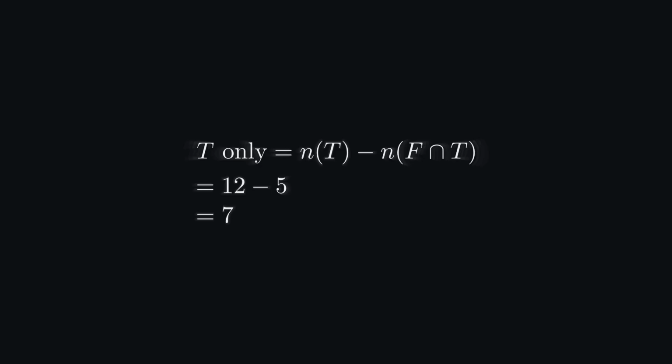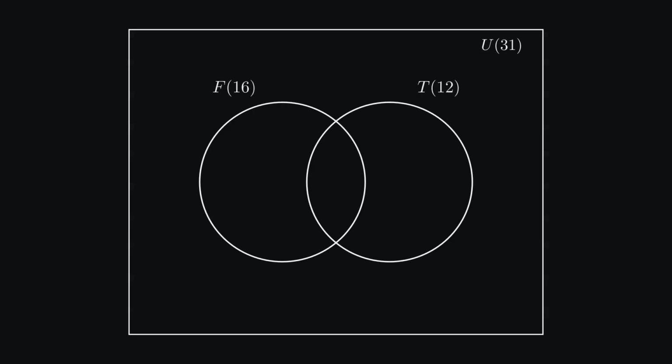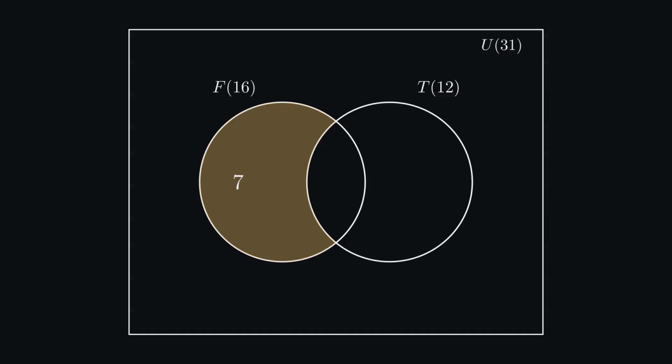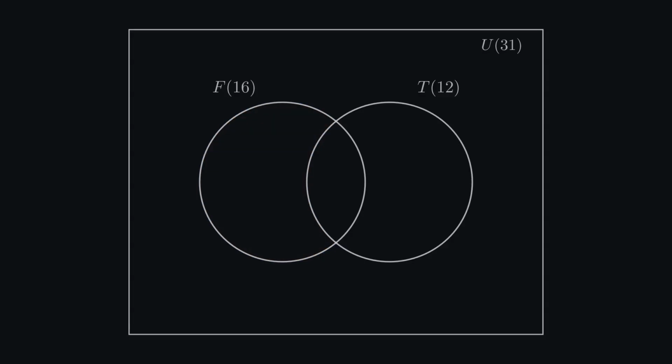Equals 7. Table tennis only refers to students in T, but not in F. Table tennis only means those in T, but not in F.